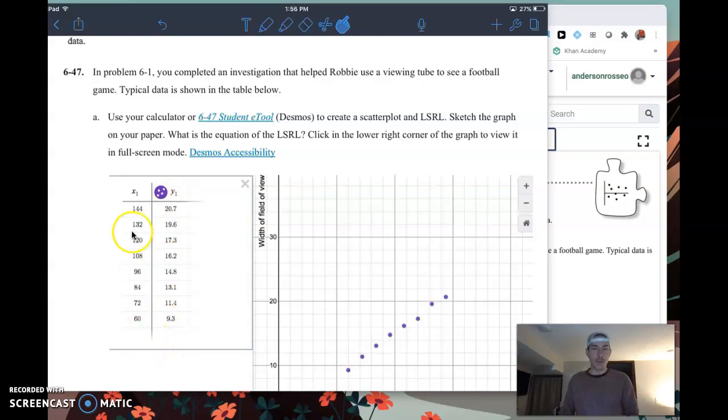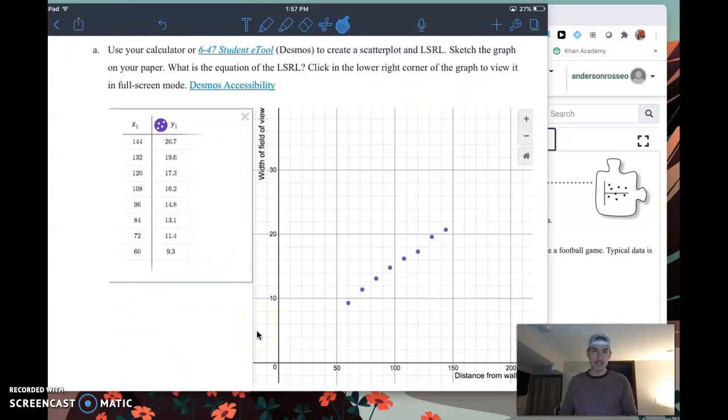And we notice that as he gets farther and farther back, he can see more, I believe was the scenario. And I took the graph from the Desmos e-tool, and I pasted it into our notes.